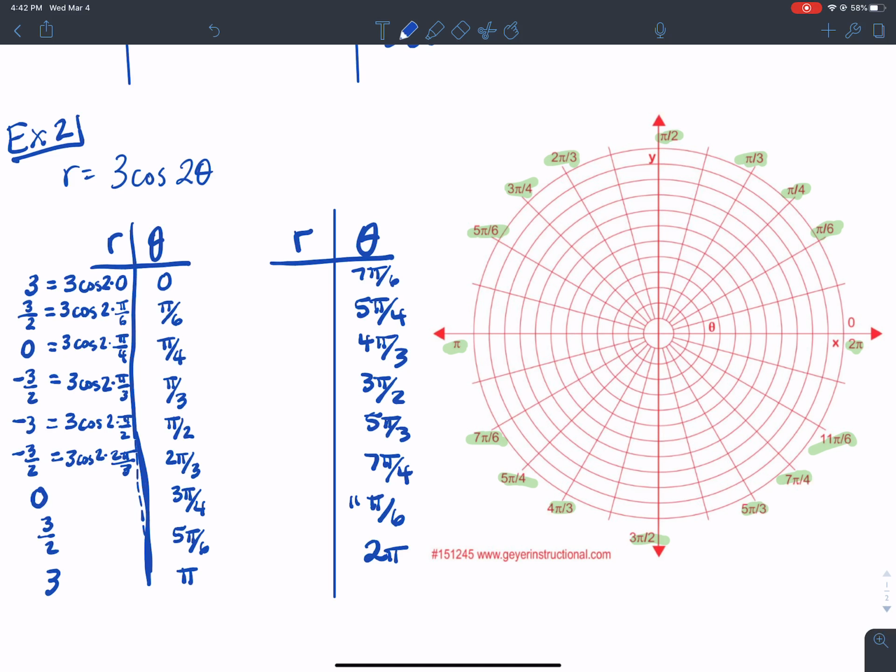And again, there should be a pattern that emerges. And once we see the pattern, we shouldn't have to do as much math. All right.